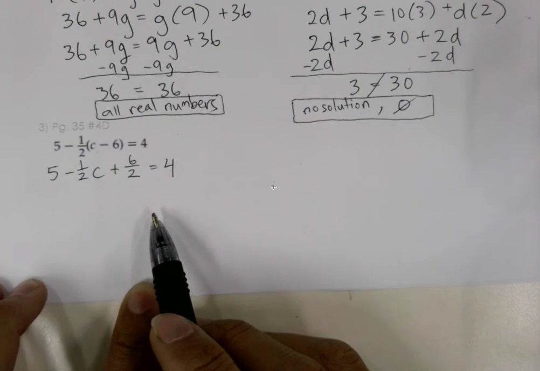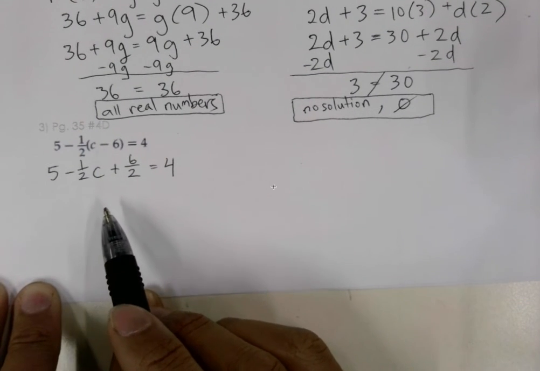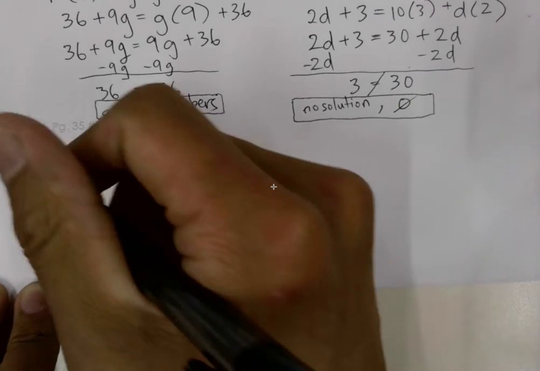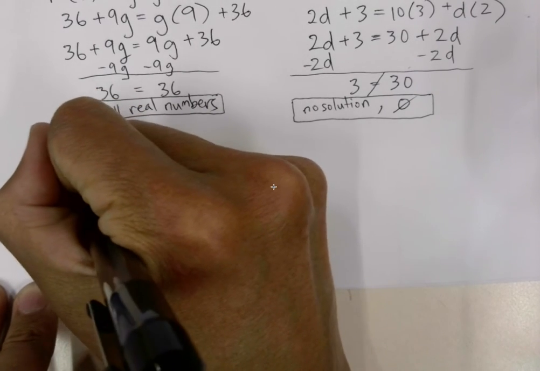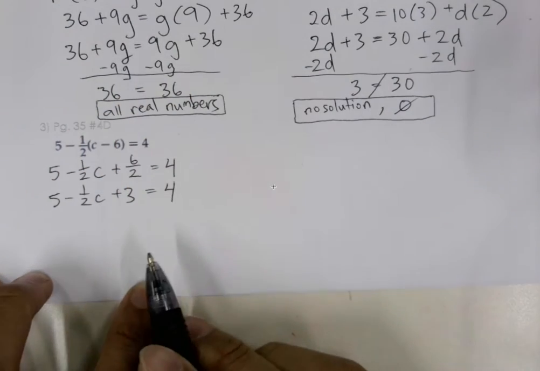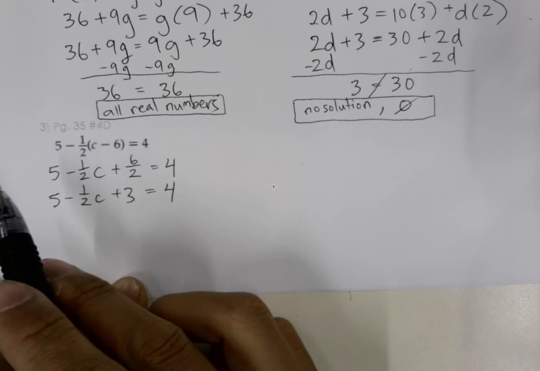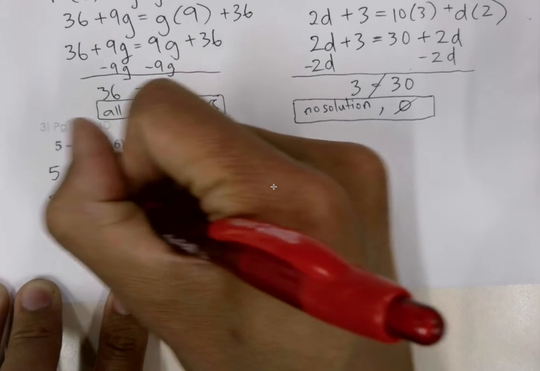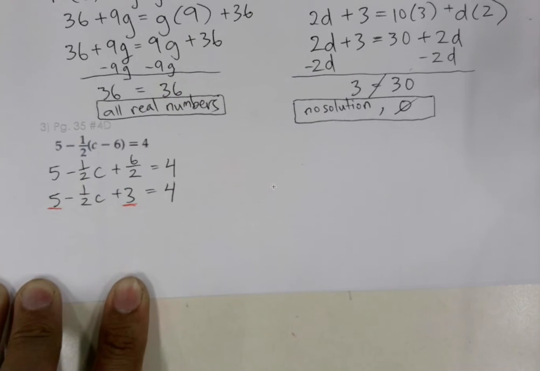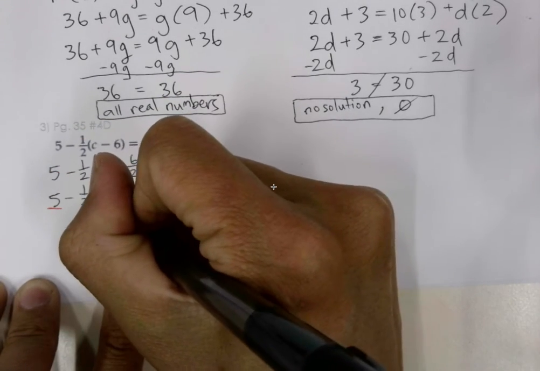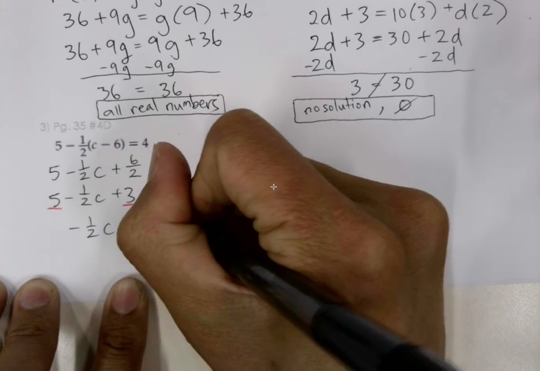Alright, so from here we can simplify this fraction. So let's do that now. Let's combine like terms on the left side of the equal sign, and we have 2 of them, the 5 and the 3, leaving us with negative 1/2 c + 8 = 4.